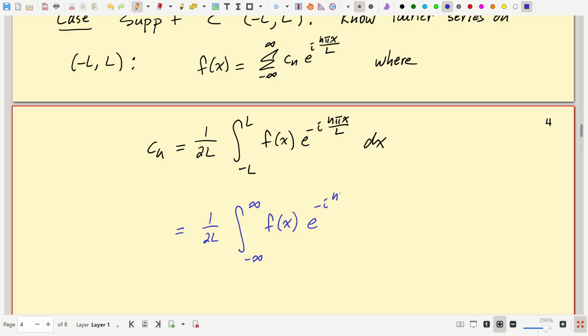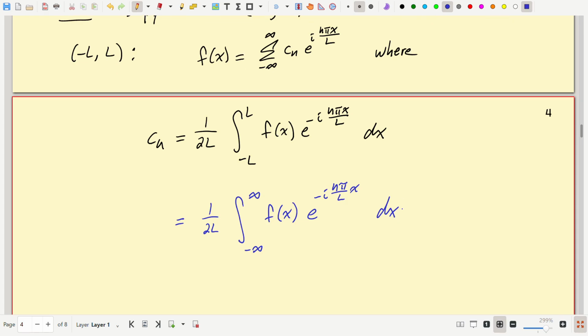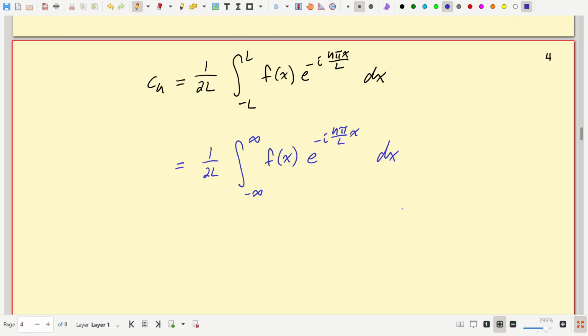And so we would see that's equal to 0 if n pi over L is bigger than m.